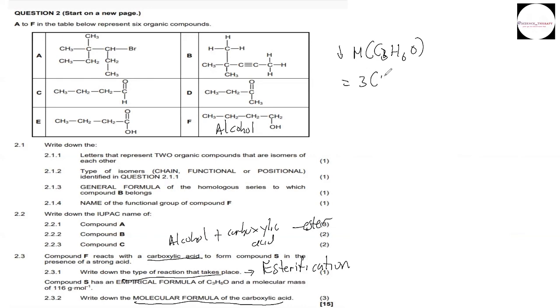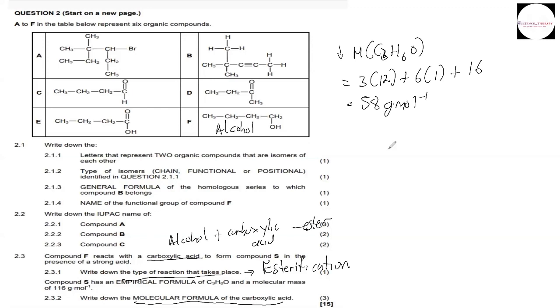There are 3 carbons, and carbon is 12, and then 6 hydrogens, each with a molar mass of 1, and 1 oxygen, which has a molar mass of 16. Now you need to punch all that into your calculator: 3 multiplied by 12 plus 6 plus 16. This gives us 58 grams per mole, right?